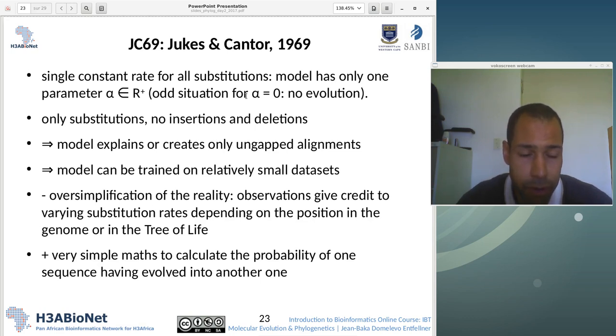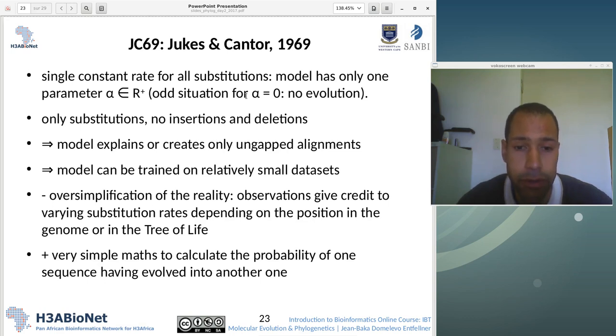This model models only substitutions, no insertions and deletions. And generally speaking, it is the case of all models of evolution commonly used to build phylogenetic trees. Insertions and deletions are treated as the case of one character, a nucleotide, being aligned to a gap, and there's a specific way to treat this.